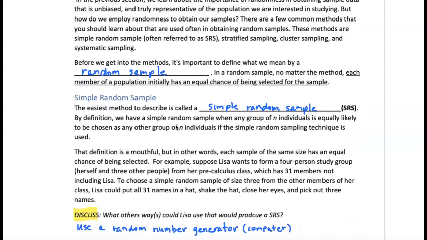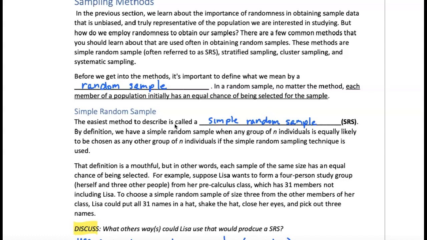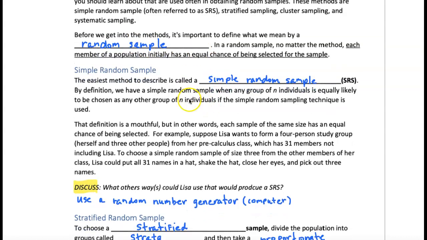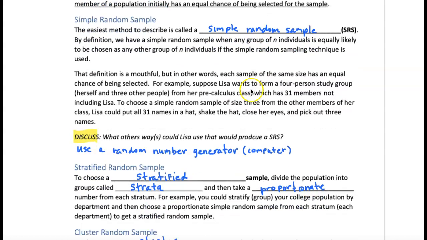So we have different methods to random sample. One of the first methods is a simple random sample. We get that confused with just random sample in general. Random sample is just a general idea of some random process where everyone has the same chance of being chosen. A simple random sample is a process we use, like using a computer, putting all the names in a hat.